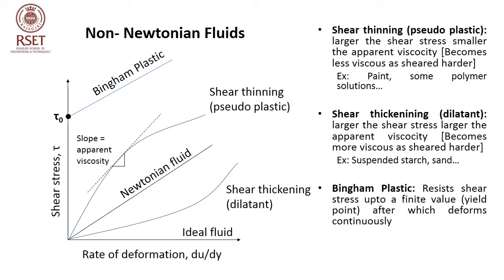This type of Bingham plastic resists the shear stress up to a finite value, then deforms continuously. So just go through this. This is very important for your university exam as well as for those applying for GATE. An example of a Bingham plastic is toothpaste.